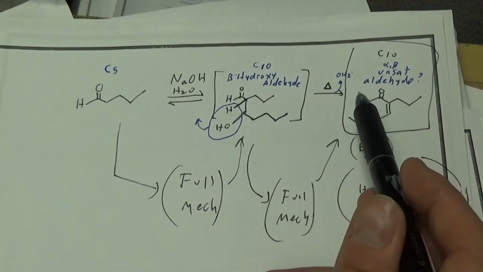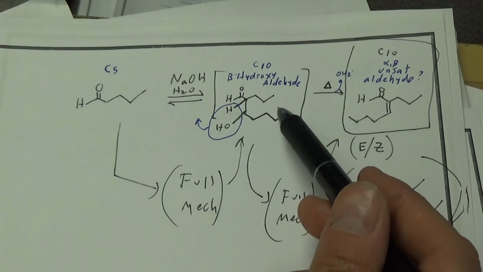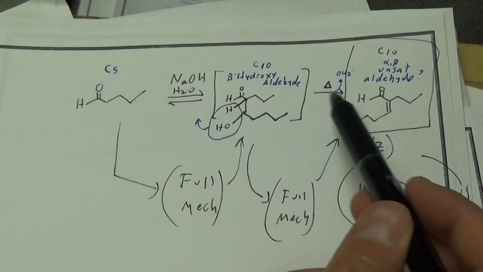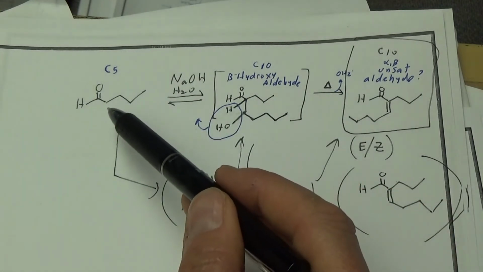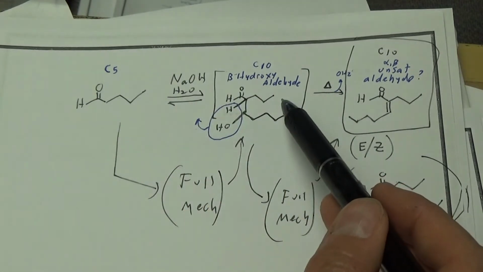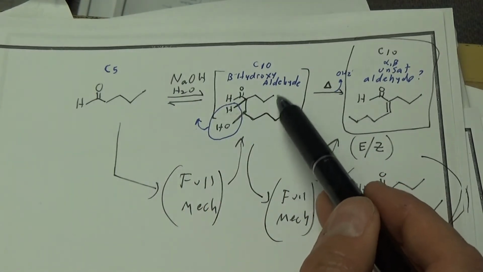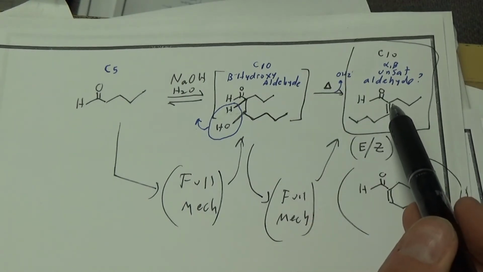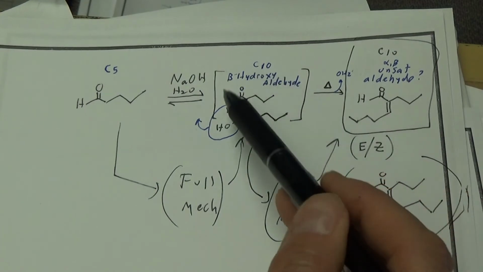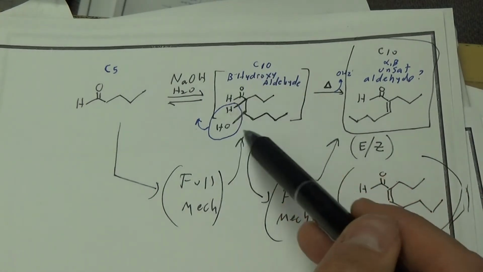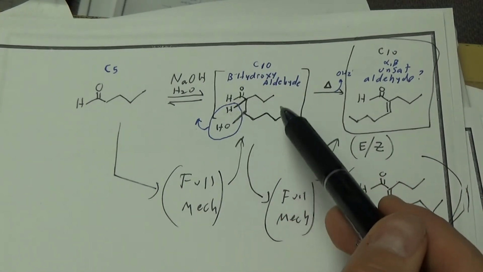Nevertheless, in this course, we always assume that in an aldol reaction, this is a total aldol reaction, that you first go to the beta hydroxy ketone or aldehyde, and then it always goes to the final product. In certain situations, this can actually be isolated. You can actually isolate these beta hydroxy aldehydes.